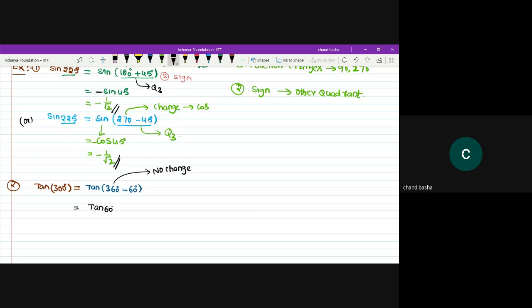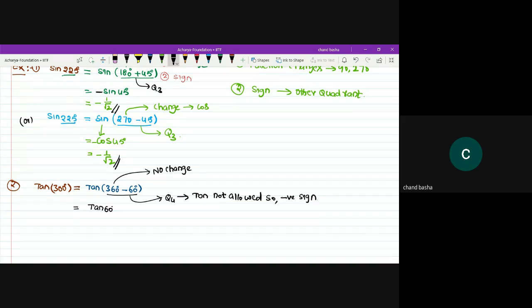And 360 minus means which quadrant? Quadrant 4. In quadrant number 4, tan is not allowed, only cos and secant are allowed. So the negative sign will be assigned.